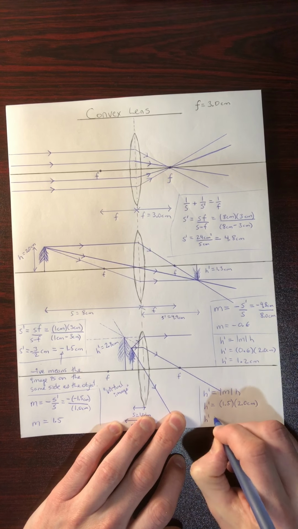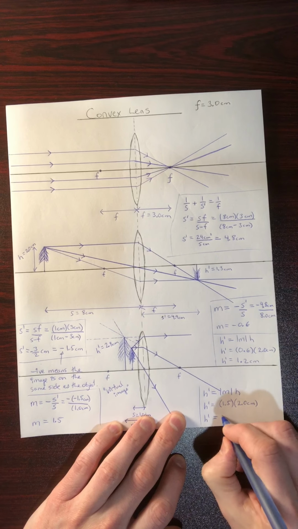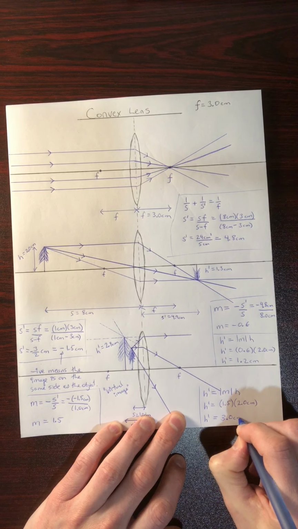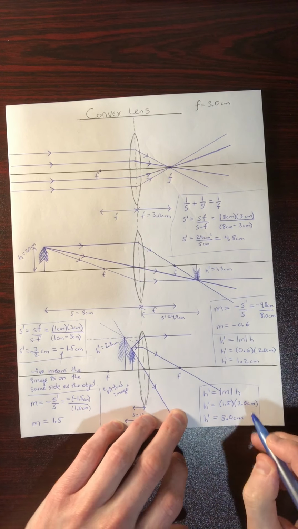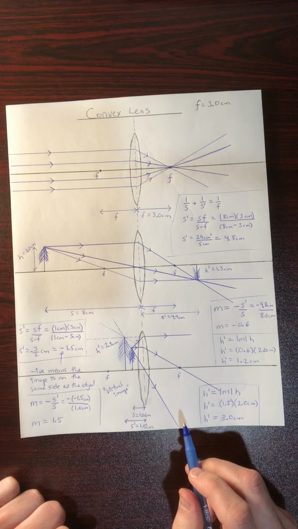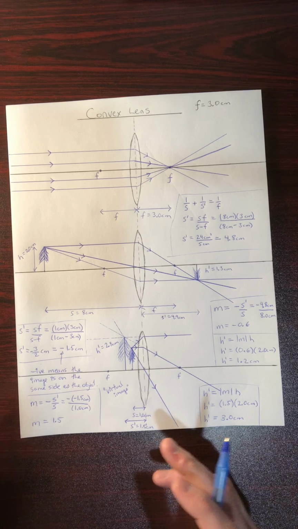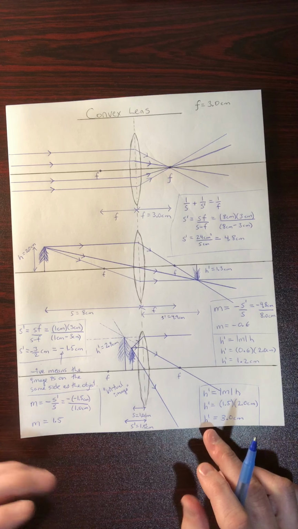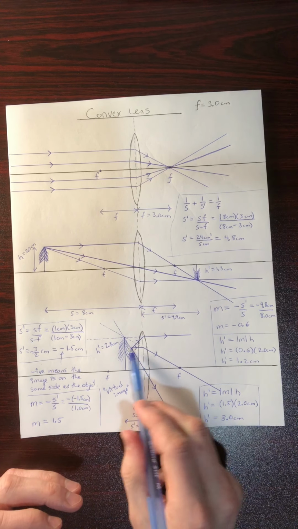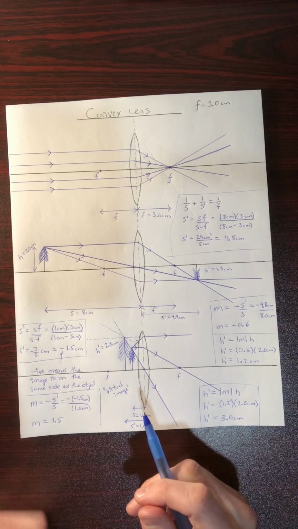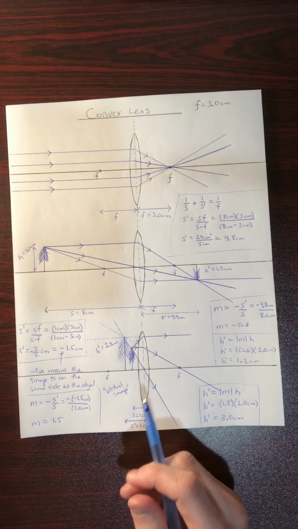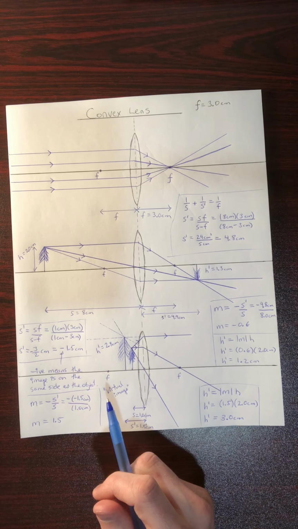And so we get a resulting height of 3 centimeters. Okay, so in this case, we were bang on with our position, but we were a little off on the height, and it was just a little crowded. That's why I think that was a little off, but it was pretty close considering that this was straight off just drawing all of this out.